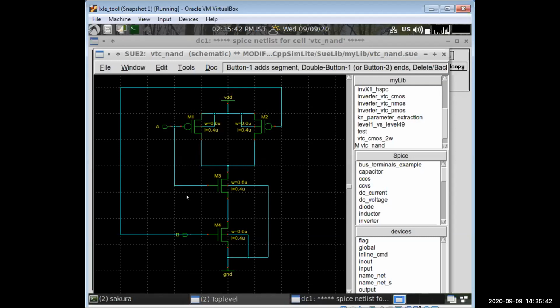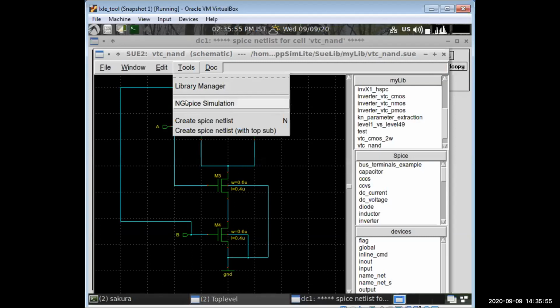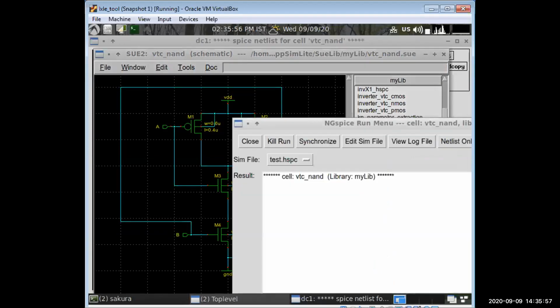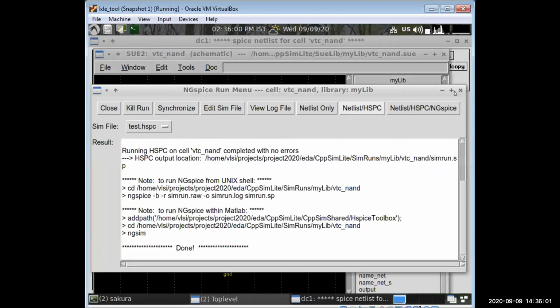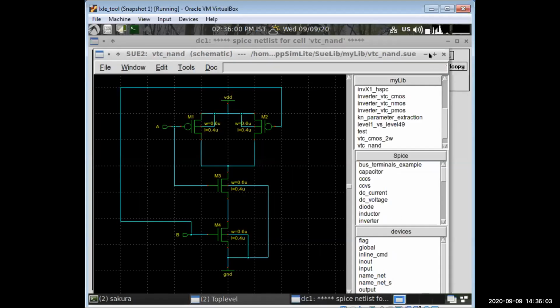Now A is connected to both of these, so now we have two voltage sources. We will be naming those two voltage sources. Now give it again in the SPICE simulation, netlist dot sp.